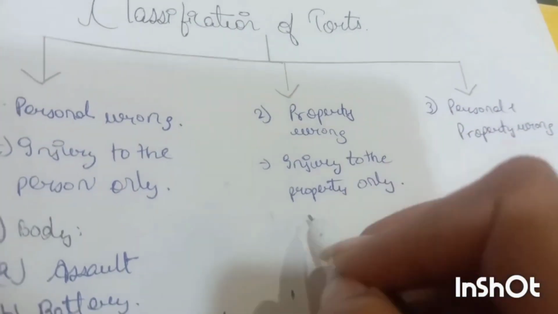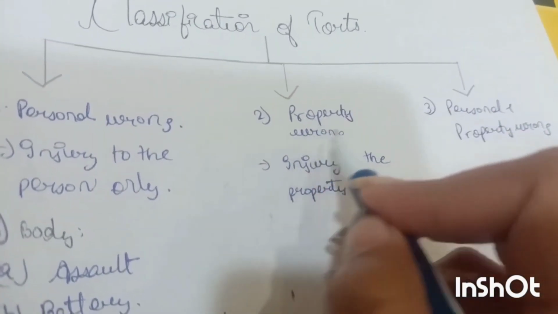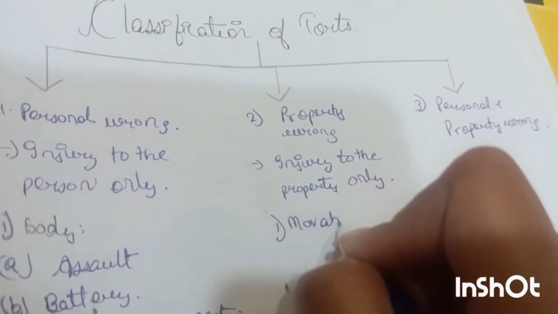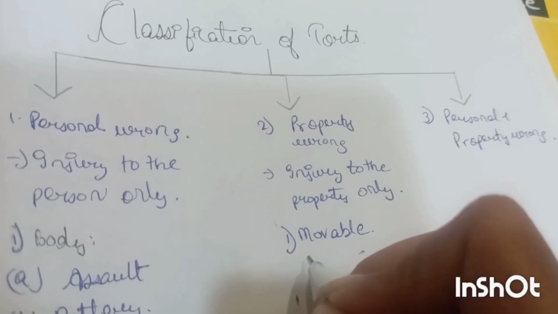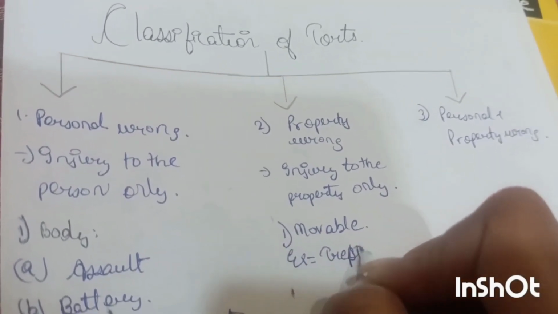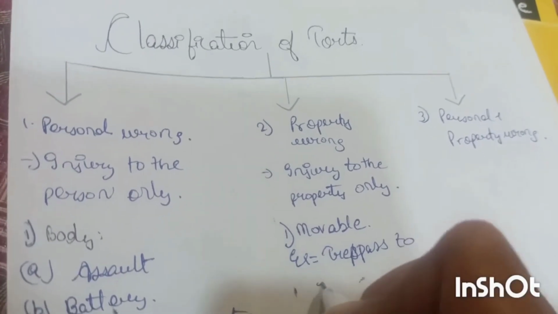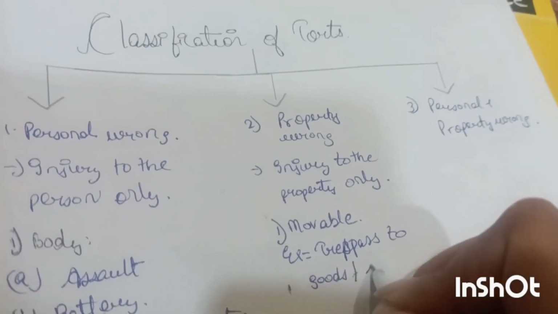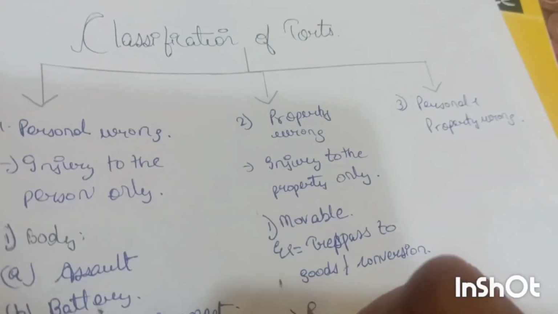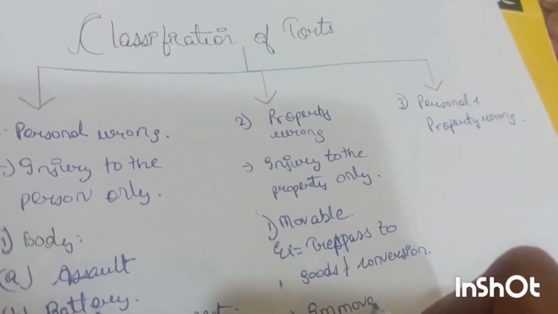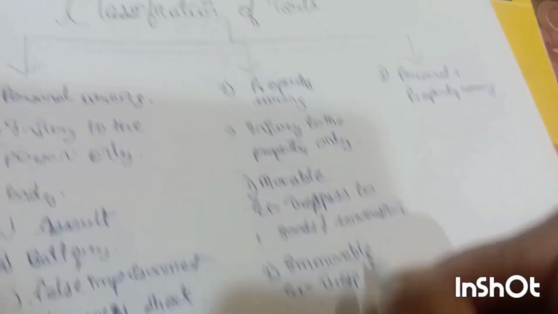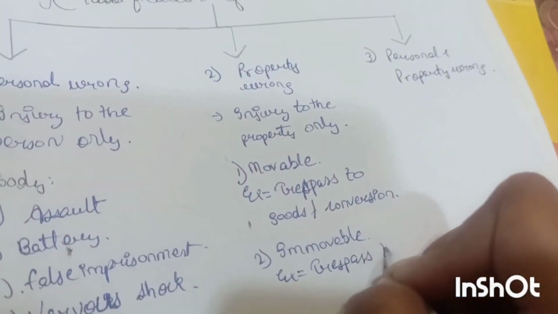Property wrong is of two types. The first one is movable, where you can see examples of trespass to goods or conversion. The second type is immovable, and in this it is trespass to land.